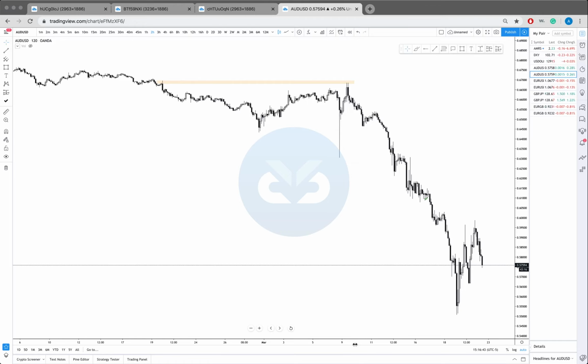But what we have to understand is, yes, major banks do have the power to move the market, because, as we discussed, they have the money and the liquidity to take those actions.